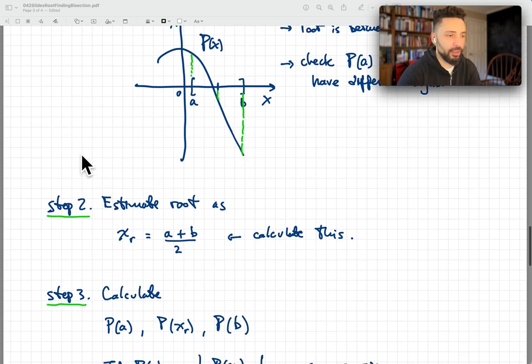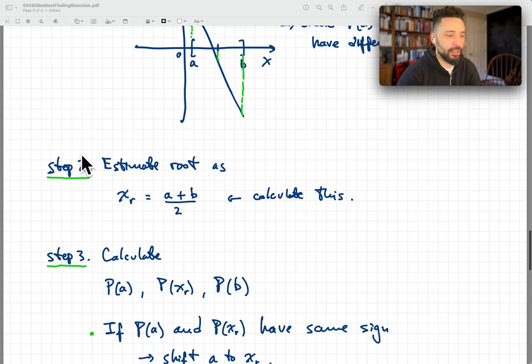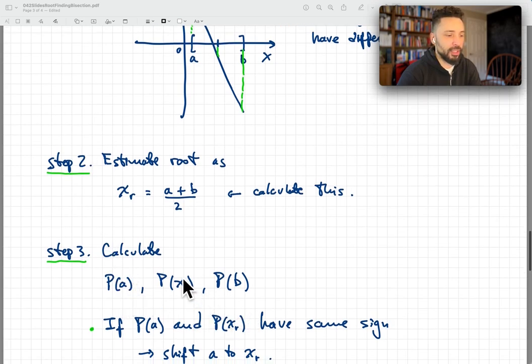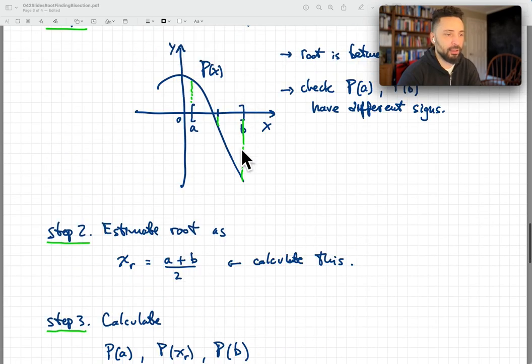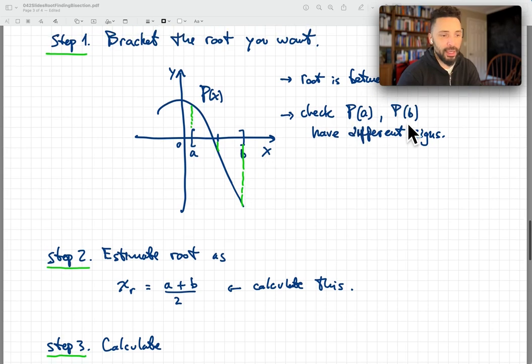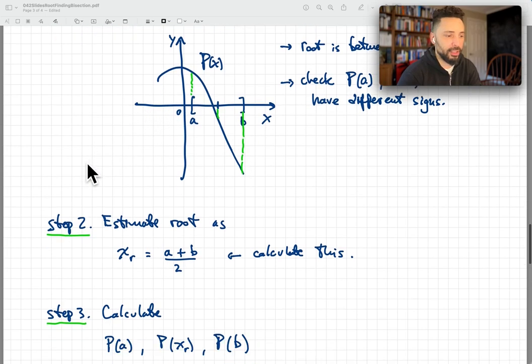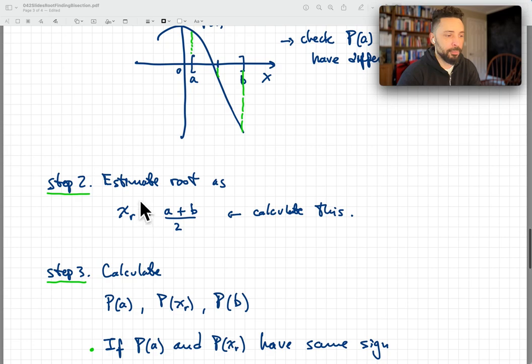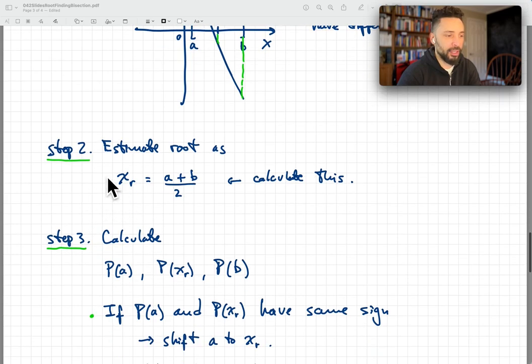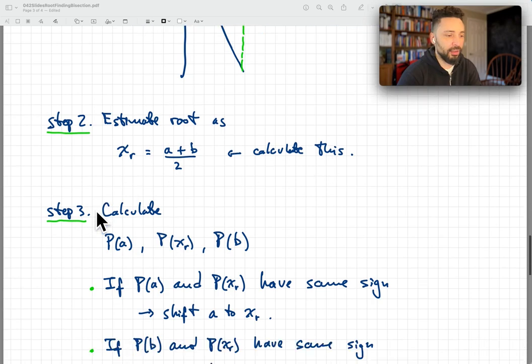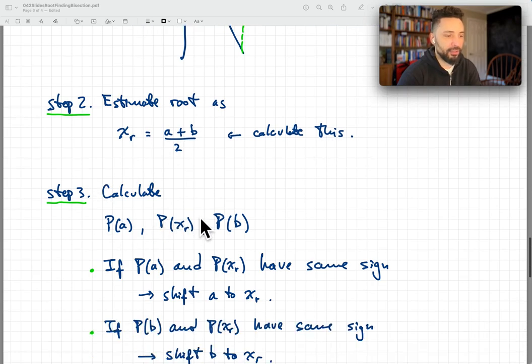To proceed with this algorithm, we're going to calculate the function at a, the function at the middle point x of r, this first estimate of the root, and the function at b, at the right-hand side of the interval. In a way, we already had p of a and p of b, so we may not need to recalculate that, but we will need to calculate the function at this middle point x of r. So it's already calculated in step 2, so we saved it. And so we have p of a, p of xr, and p of b.